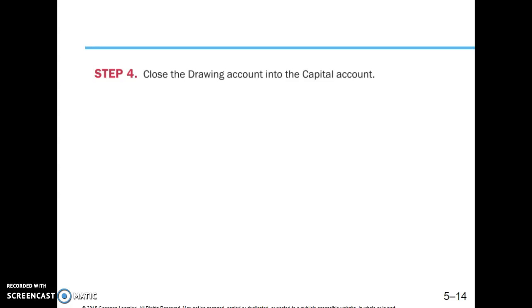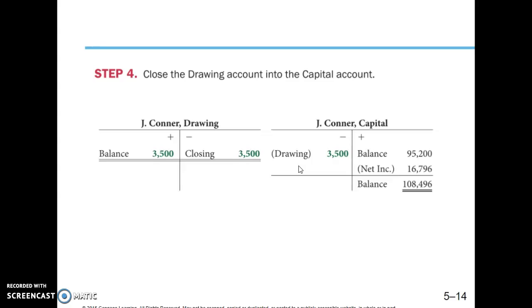Okay, and then step 4, we're going to close the drawing account into the capital account. So going back to a basic T-chart here, drawing typically has a debit balance. In order to close it, we need to credit. Okay, and then we use our capital.